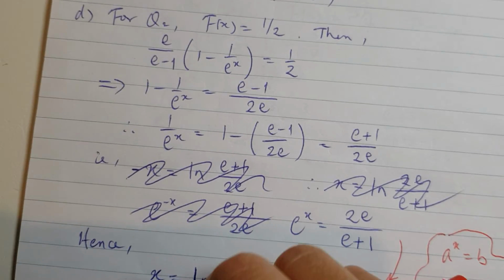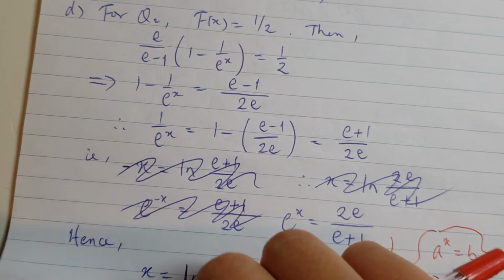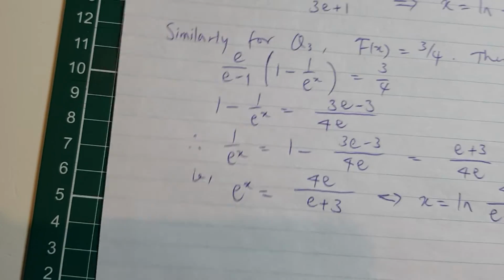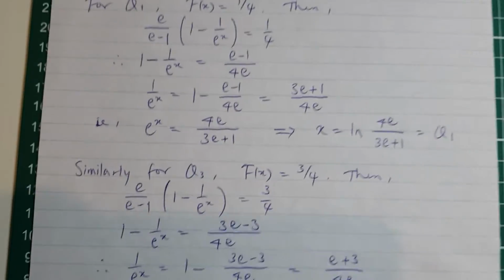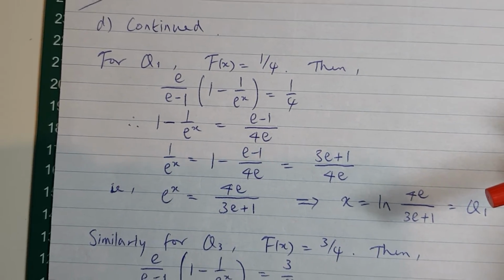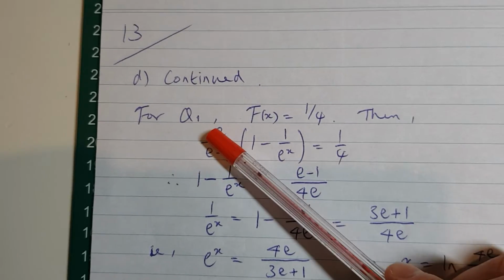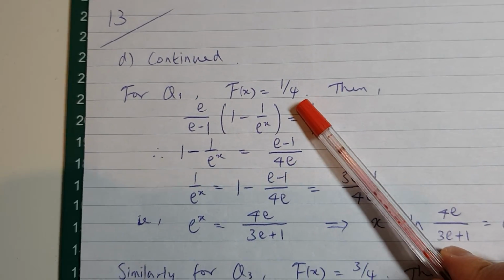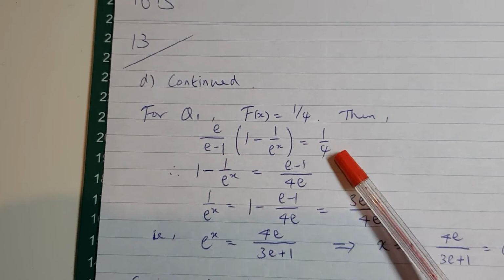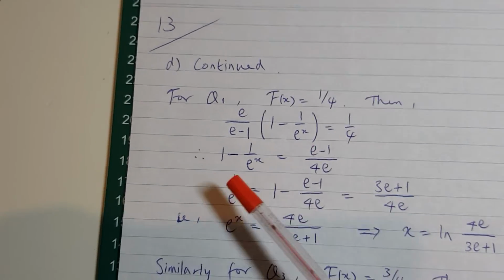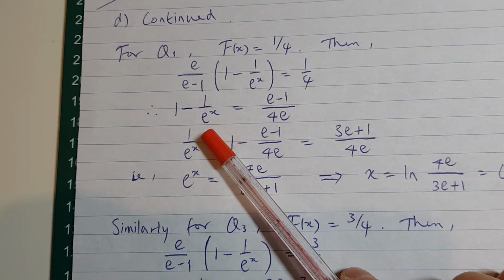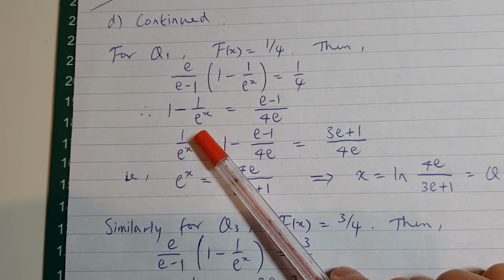And similarly, you can now carry on to finish off with Q1, the lower quartile, and Q3, the upper quartile. So Q1, the lower quartile, is the quarter mark. So instead of half, you now set that as a quarter. Carry the similar algebra along that we did for the Q2.